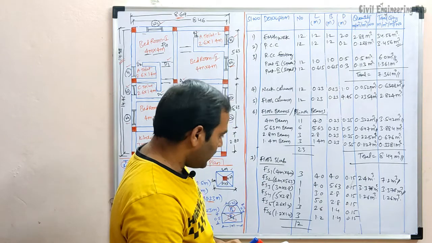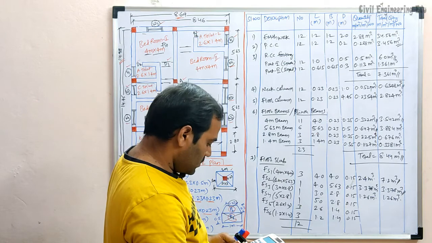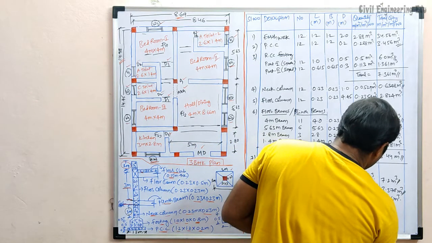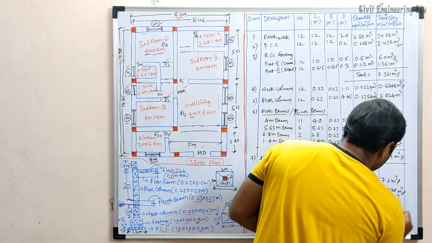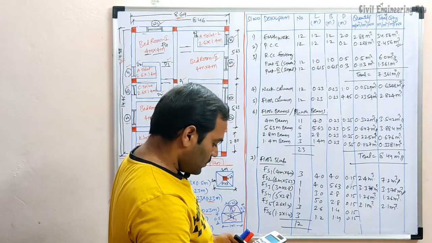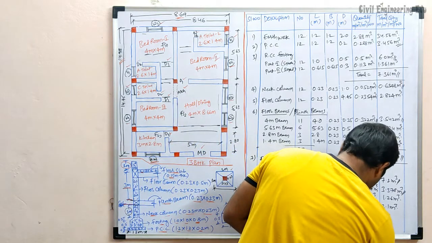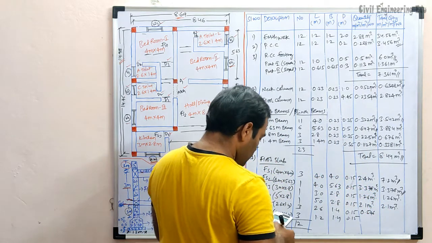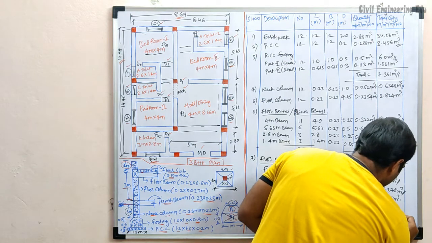Now similarly, 5 into 2.8 into 0.15 is 2.1 meter cube multiplied by 1. Now the next one, 2.6 into 1.4 into 0.15 is 0.546, multiplied by 3 numbers, 1.638 meter cube.